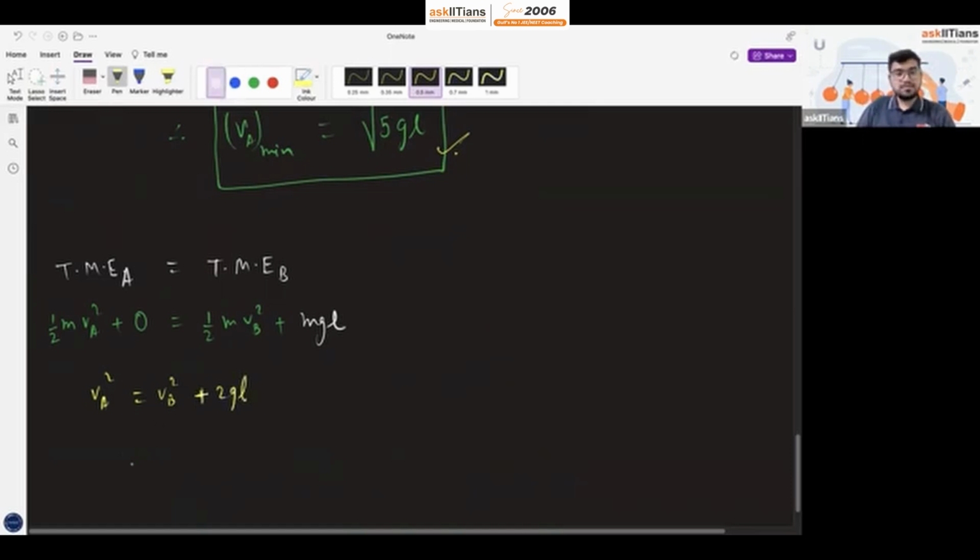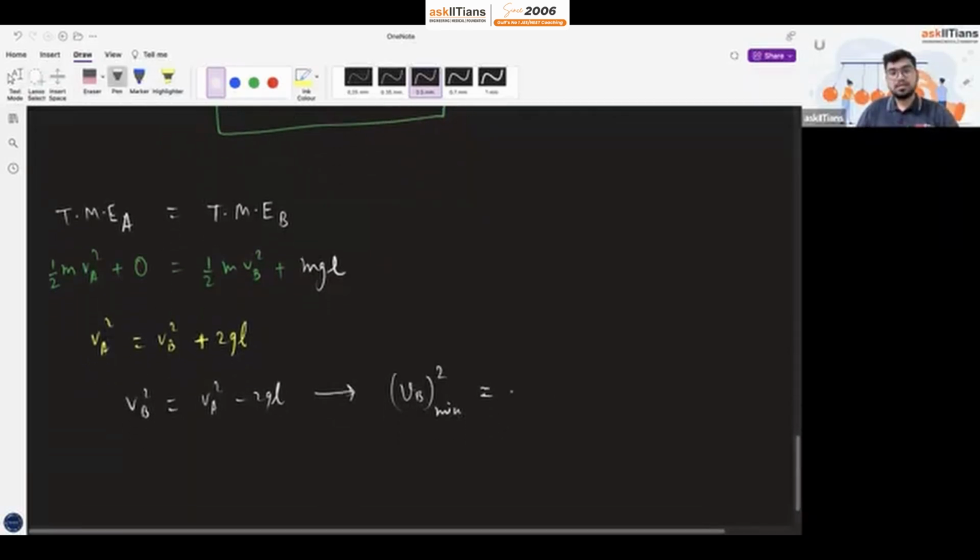Now we need to find this VB square, which is VA square minus 2gL. But do we need exactly VB square or the minimum value of it? We are in search of the minimum value, which has to be provided in order to make it a complete circle.